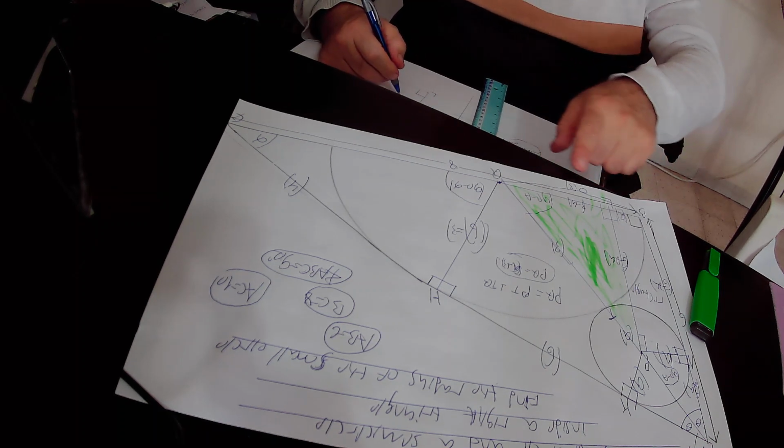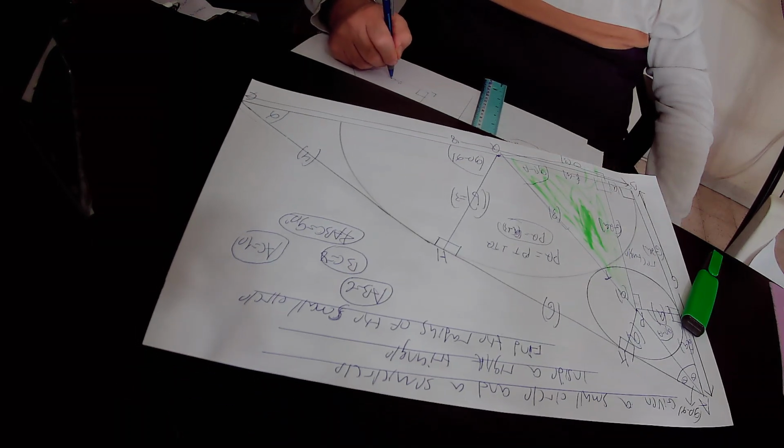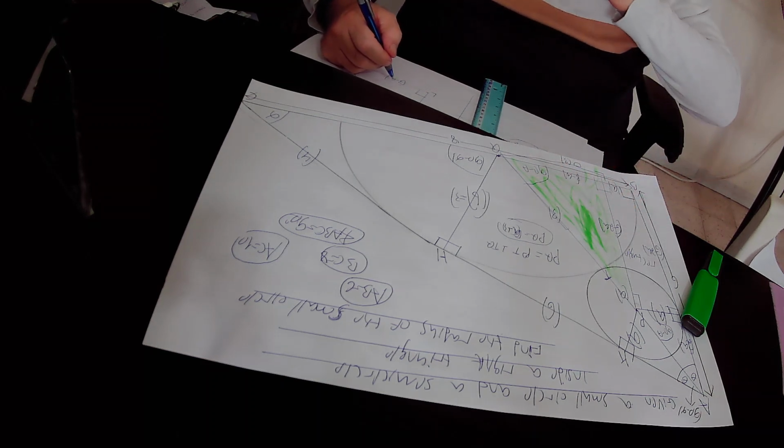This side LQ equals 3 minus A. And finally, the hypotenuse PQ equals A plus 3.